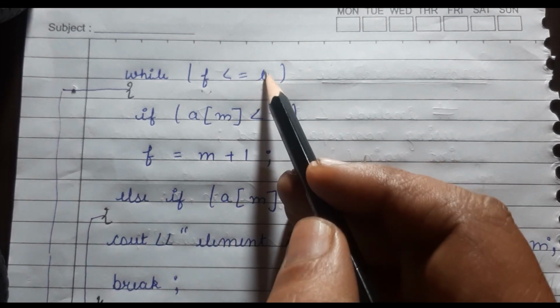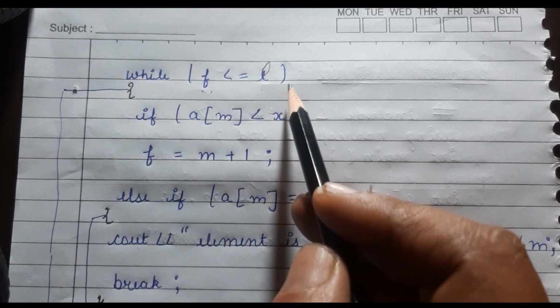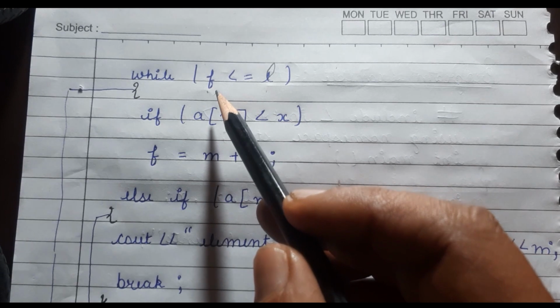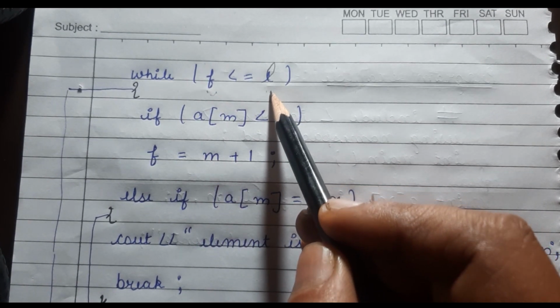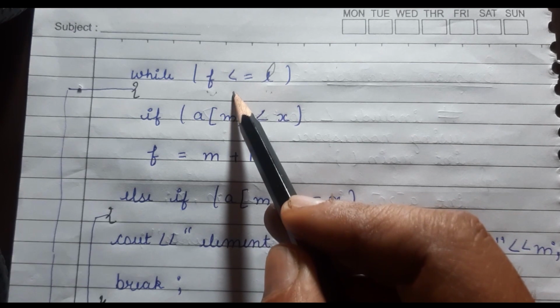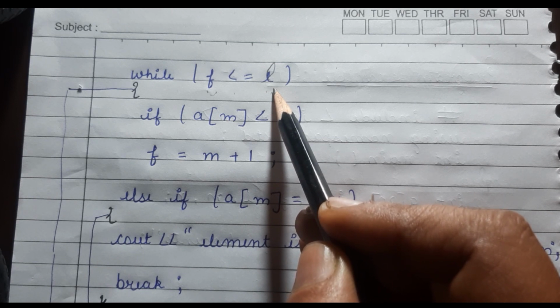Okay. So if you analyze the binary search technique, in binary search the first index is always less than or equal to the last index. If your first index is greater than L, it means your element does not exist in the array.